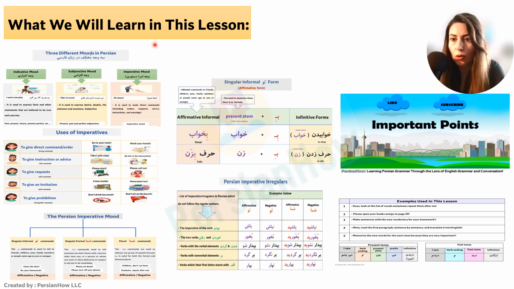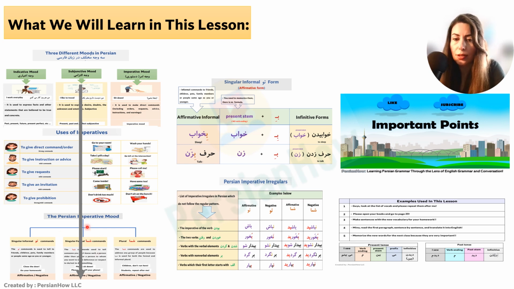Let's go over what we are going to learn in this lesson. First, we are going to go over the 3 moods in Farsi, and then talk a little bit about imperative mood, and then we are going to go over the uses of imperative and see why we need to learn imperative and when we can use it.